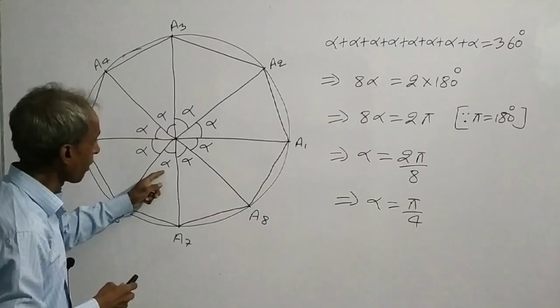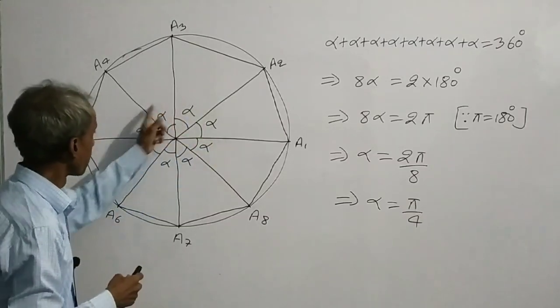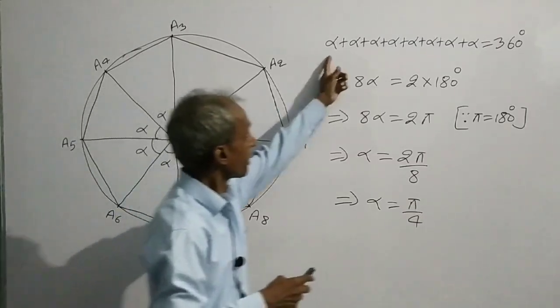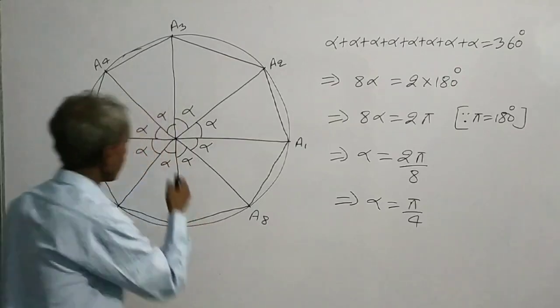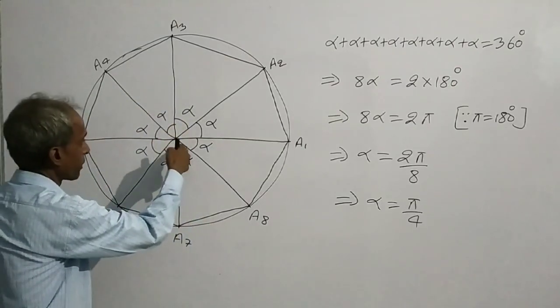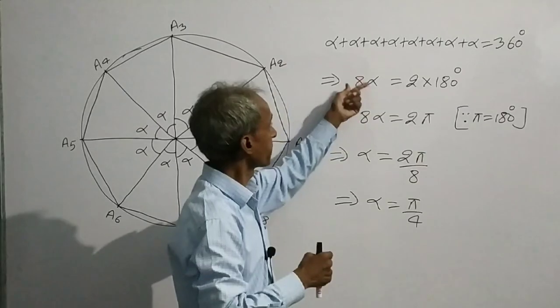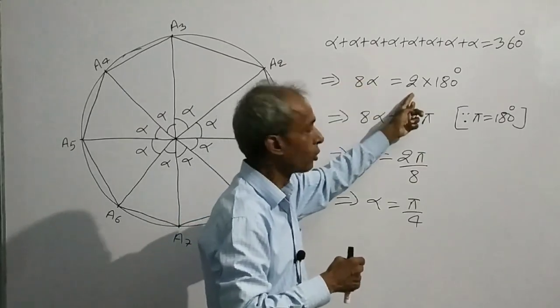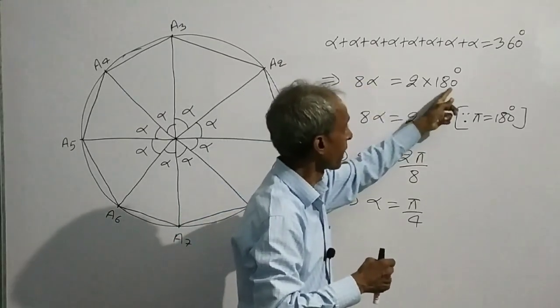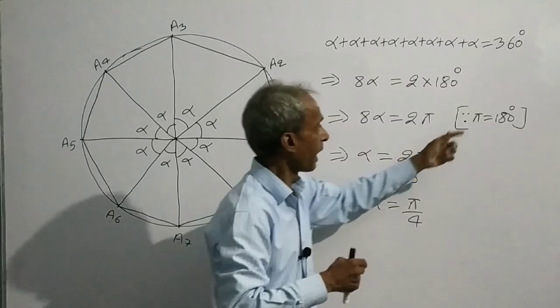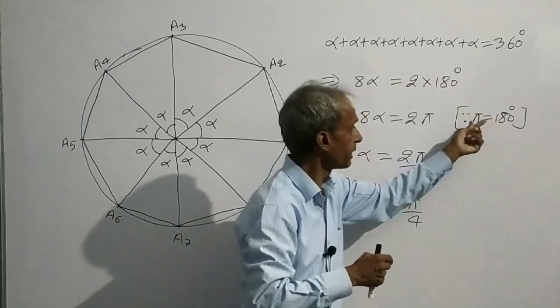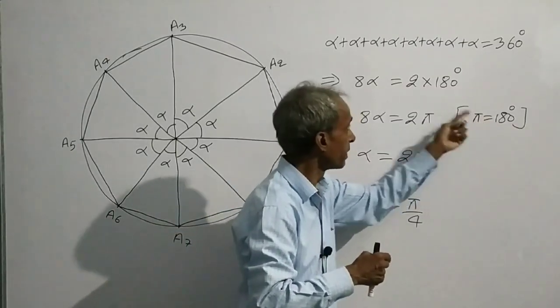When we add all these alpha 8 times, it becomes equal to 360 degrees. That means 8 alpha is equal to 2 times 180 degrees, and 180 degrees is written as pi.